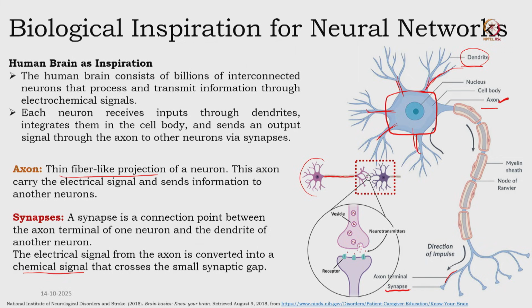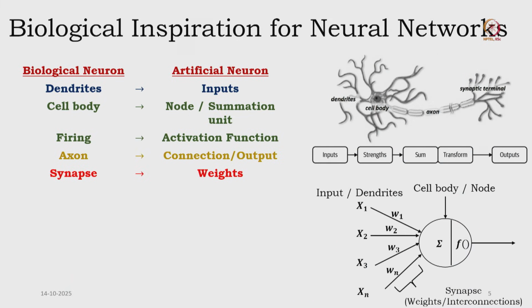When fewer neurotransmitters are released, we say that the signal is weaker. Therefore, the synapse decides how much of a message gets passed to the next neuron. So I think you have understood, or recalled, the basic working mechanism of a biological neuron. With this, let us go into how we have built an artificial neuron.